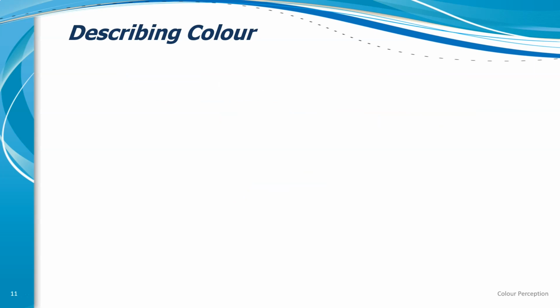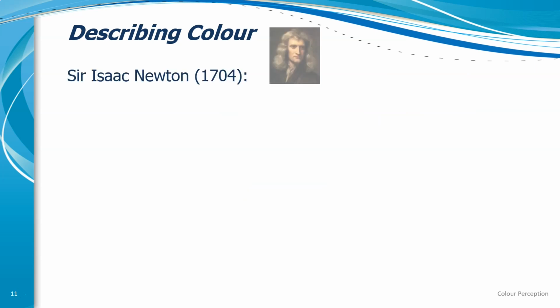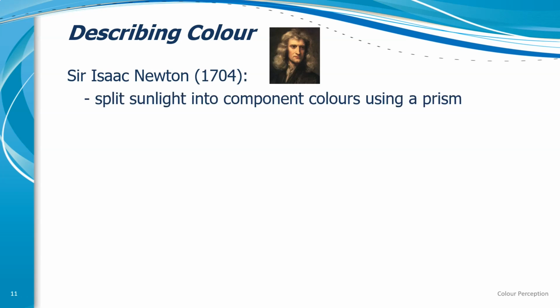Okay, so what we want to do now maybe is to describe color and to be as accurate as possible. We need to go back a few years and turn to Sir Isaac Newton, who of course very famously loved playing with prisms, and he would split sunlight into its component colors.